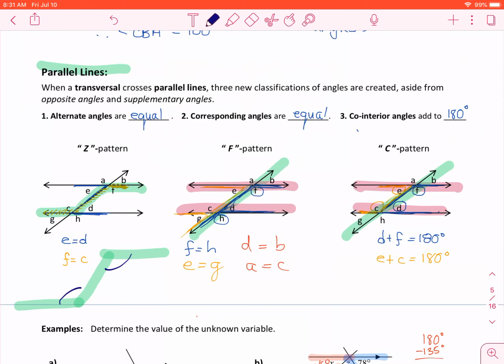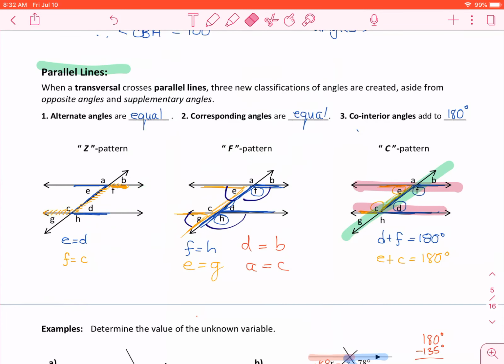The same thing happens for F pattern, which is our corresponding angles. We can make 2 F's, one that looks like a regular capital F, or one that looks like an F reflected along the y-axis. And you'll see that what's underneath those arms are going to be what's equal to each other.